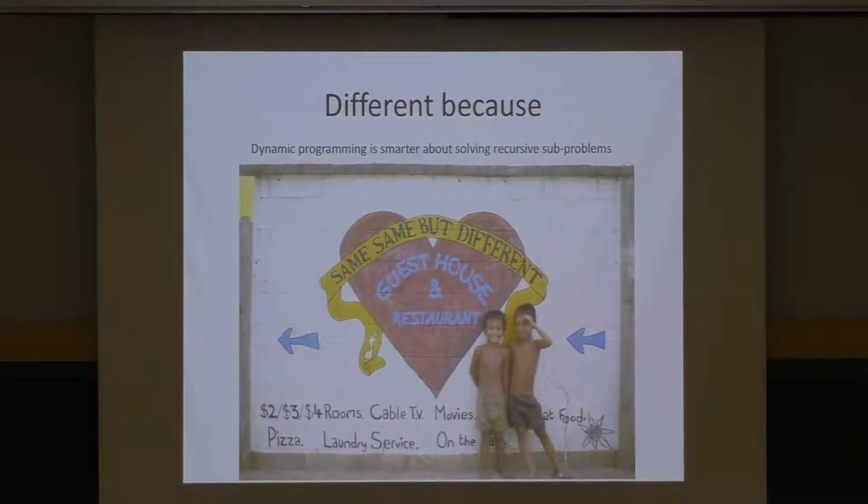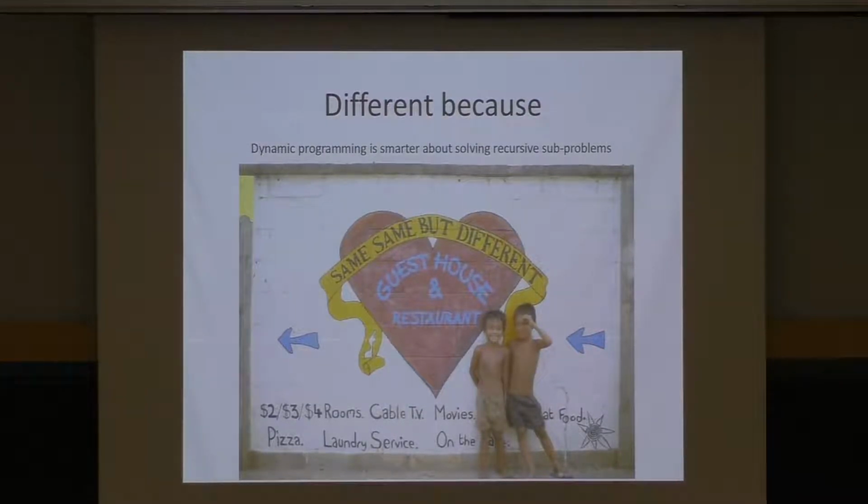However, the big difference between dynamic programming and divide and conquer is how many of these subproblems you solve. So it turns out in most of the divide and conquer examples, maybe integer multiplication was a slightly different example, you basically have one problem and you solve a smaller number of subproblems, right? And all the subproblems that you encounter when doing divide and conquer are all different subproblems. So you might have more than a linear number of them, but they're all different.